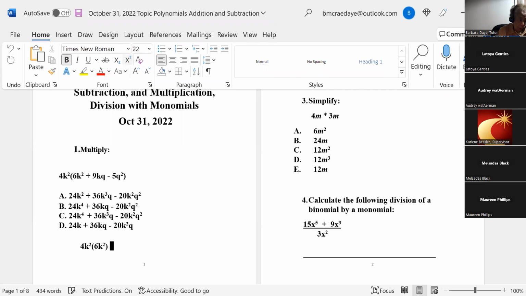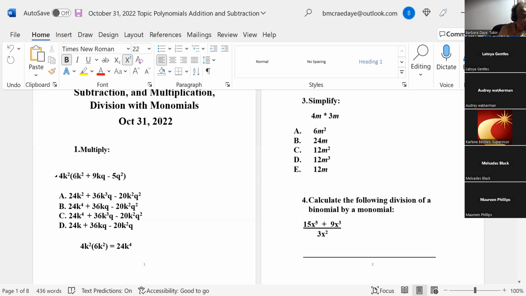And Mercedes, what did you say that was equal to? 24k to the 4th power. To the 4th, that's right, because we'll be getting to the exponent rules soon, and when you multiply, you add the exponents. So we've got 24k to the 4th, and like Mercedes said, you can eliminate A, which says k to the second, and D, which says k to the 1.